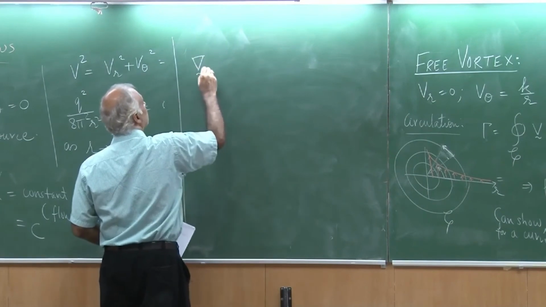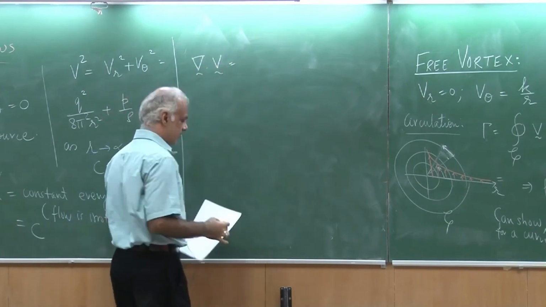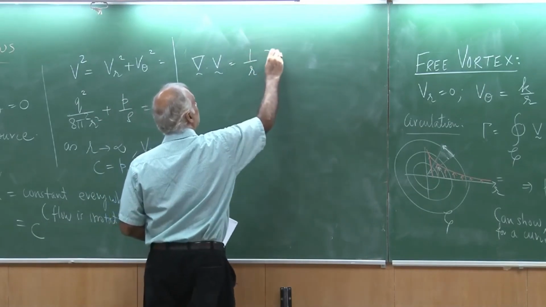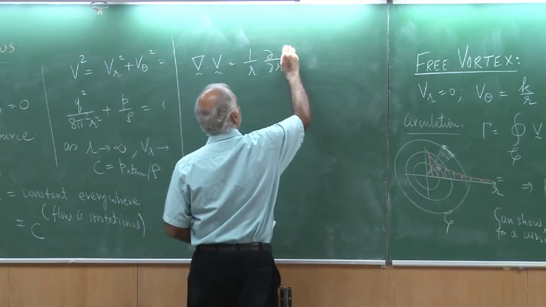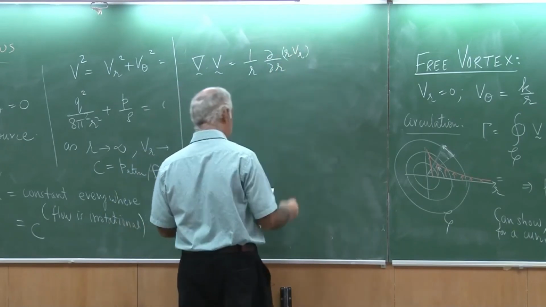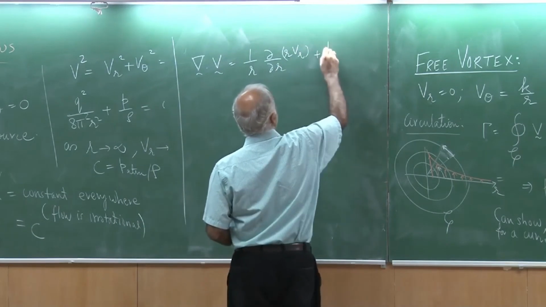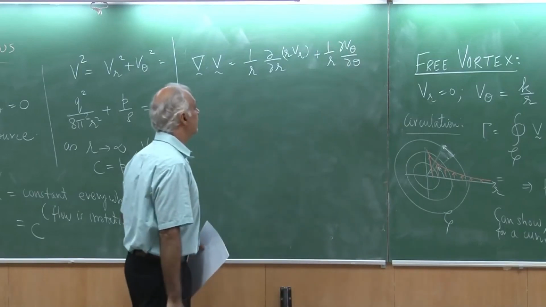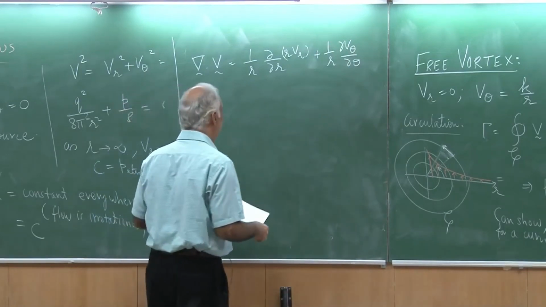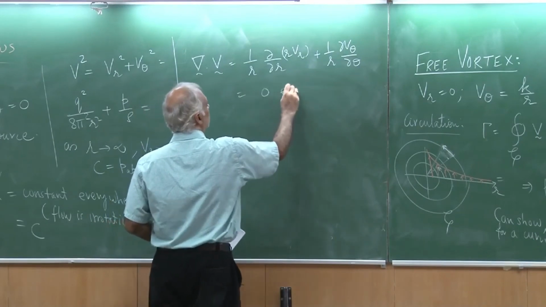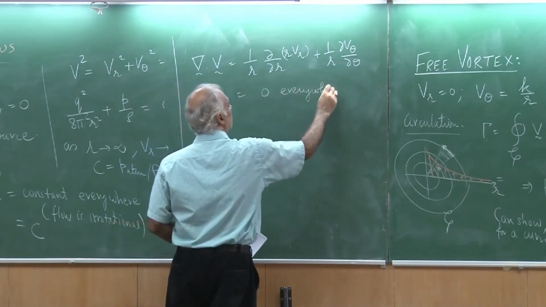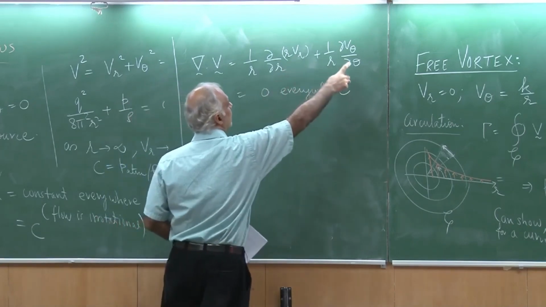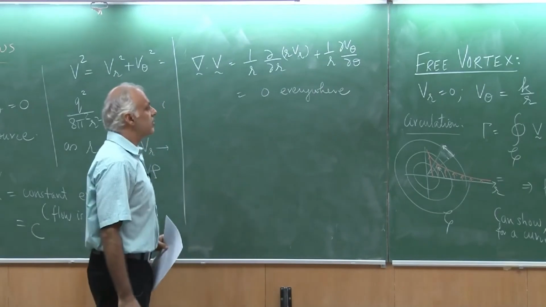So the divergence of velocity is going to be given as 1 by r del by del r of r Vr plus 1 by r del V theta by del theta. And this you can check is going to be 0 everywhere. You can substitute for Vr, which is actually 0, and you can substitute for V theta.